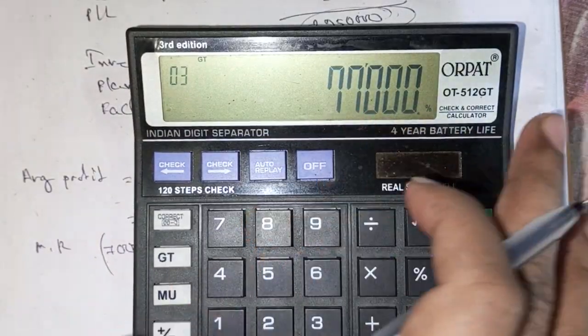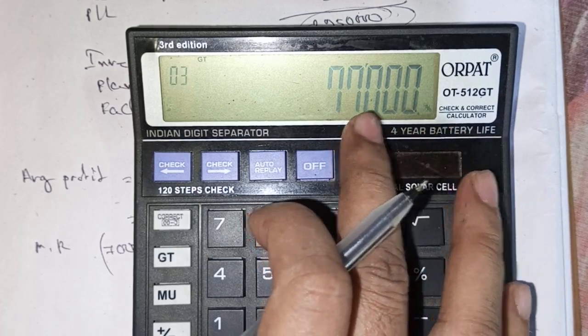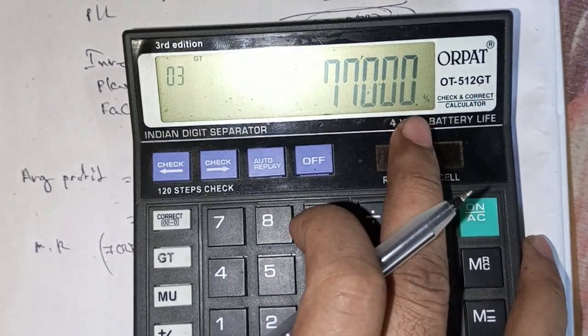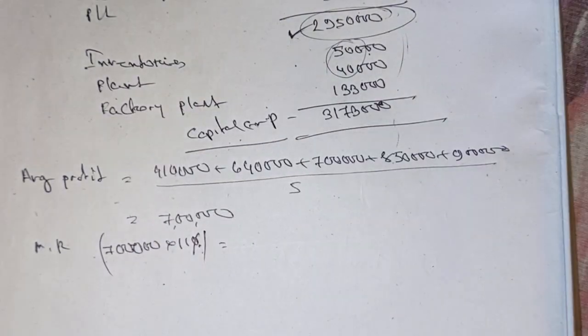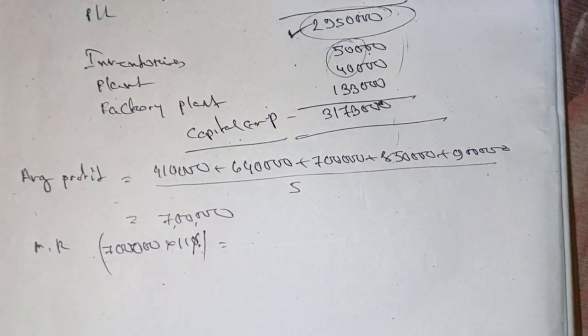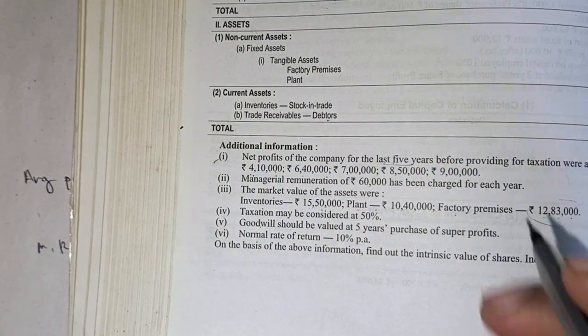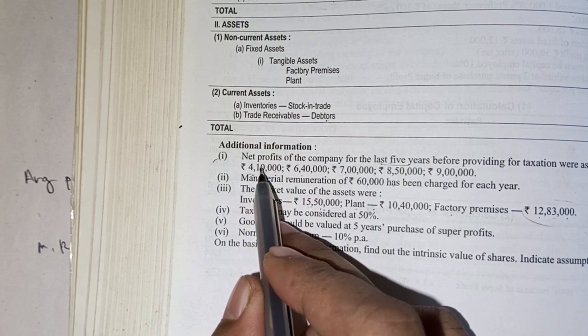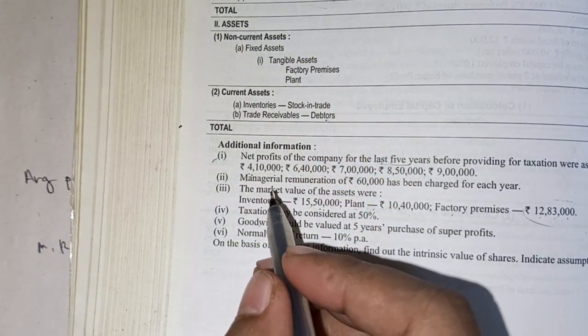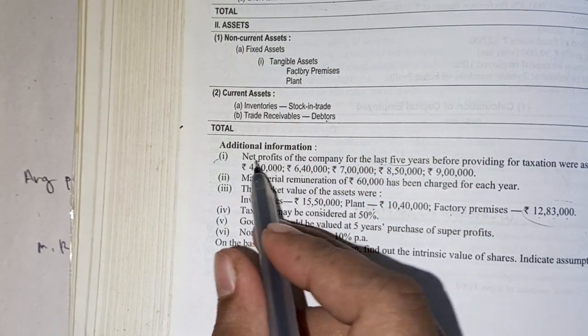So he can take 77,000 rupees every year. But the question says managerial remuneration of 60,000 has been charged every year, so this amount is after considering the manager's remuneration.